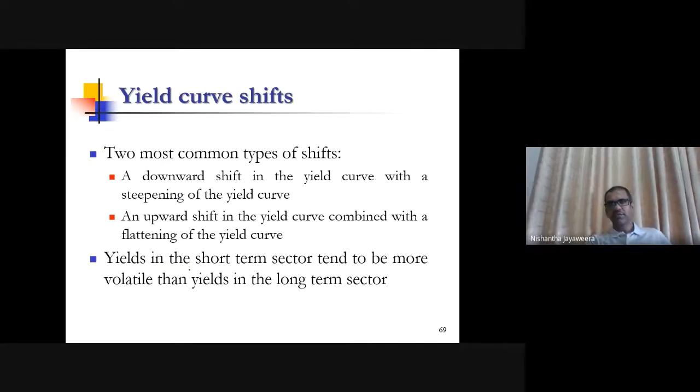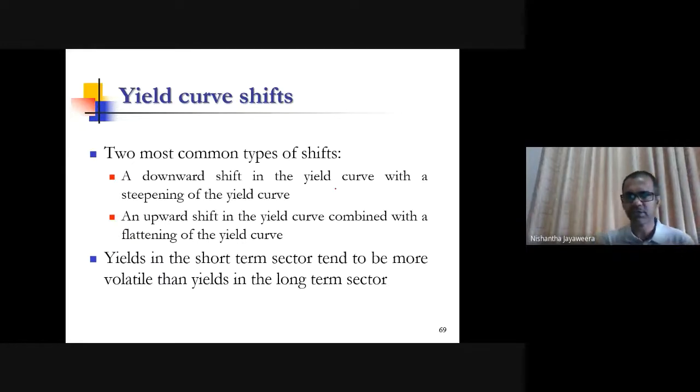I explained the two most common types of shifts. One is a downward shift in the yield curve with a steepening of the yield curve. That means when yields drop, short-term yield drops drastically more than the long-term yield, so the yield curve becomes steeper, but with a shift downward.